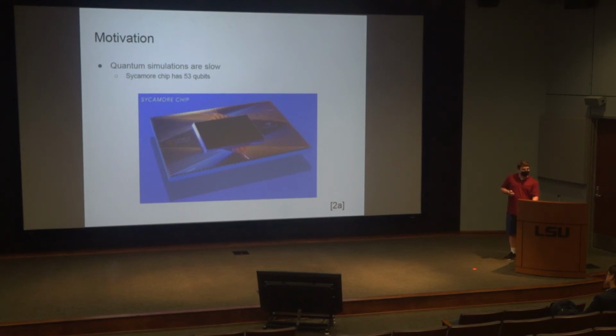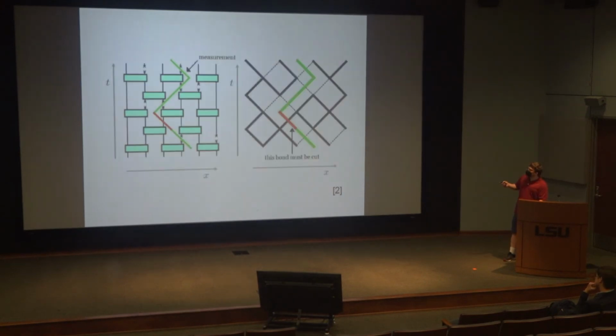Wait, why is it called a simulation if it's... Sorry, well, there's the quantum simulations and then there's the percolation simulation. Quantum simulations is the best way to put it, because they're all simulating something that's going to tell us something about a quantum circuit. But when I say quantum simulations, this is not related to the percolation simulation that I'm using. The percolation simulation is representing a quantum circuit.